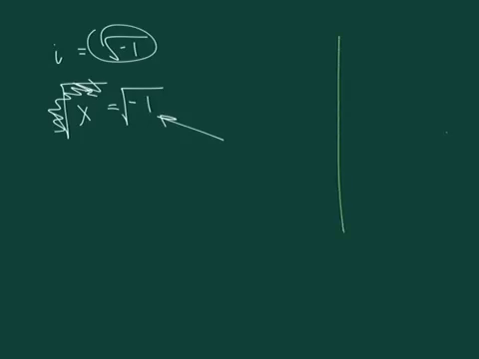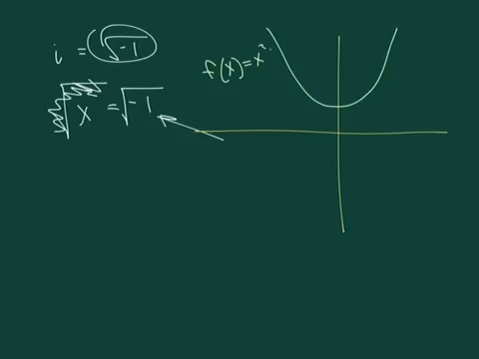So if we have a graph, and we have a parabola like that, and this is the function f of x equals x squared plus 1. What we know is it does not cross the x-axis, so therefore we say it has no answer, because remember in the last section we talked about whenever it crosses the x-axis, that is the answer.